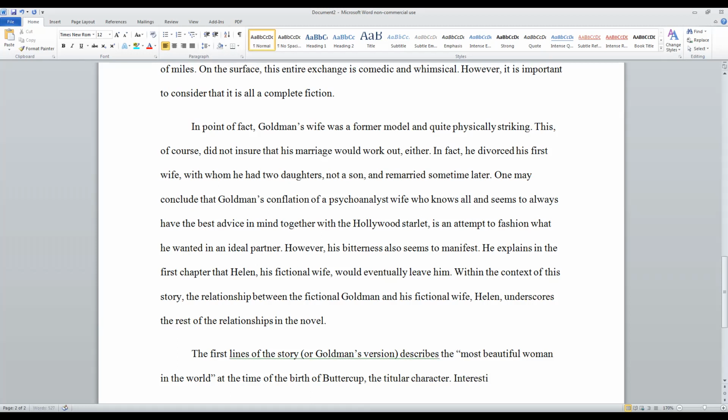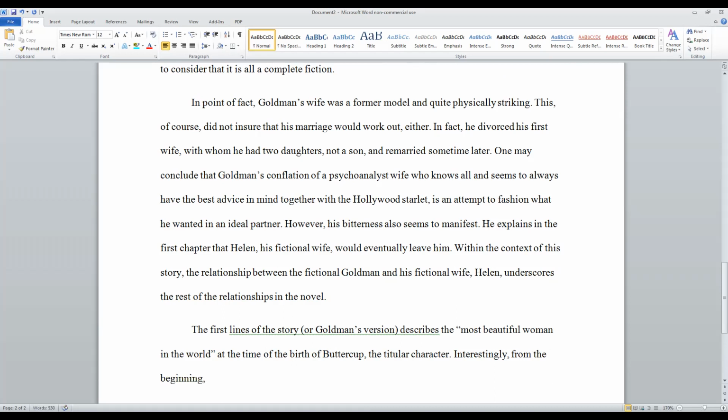Interestingly, from the outset, from the beginning, women are denoted primarily for their physical beauty.